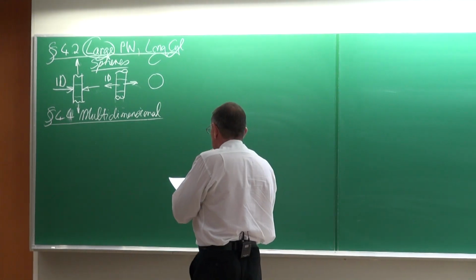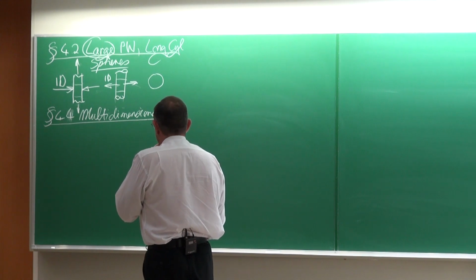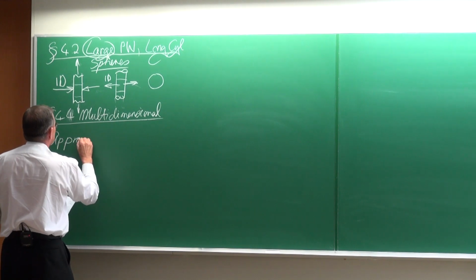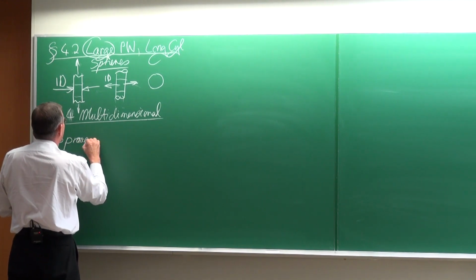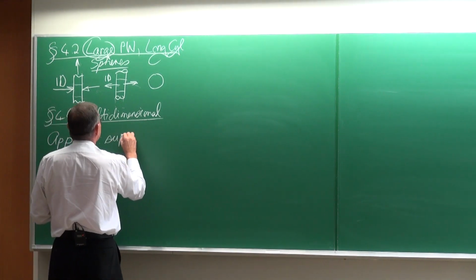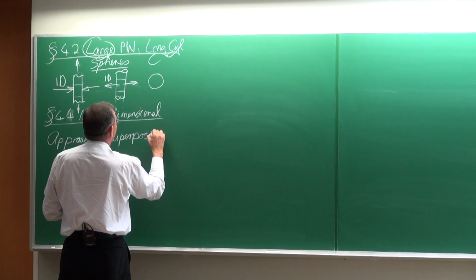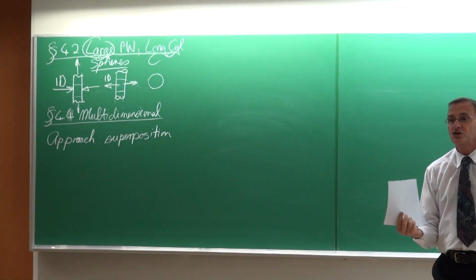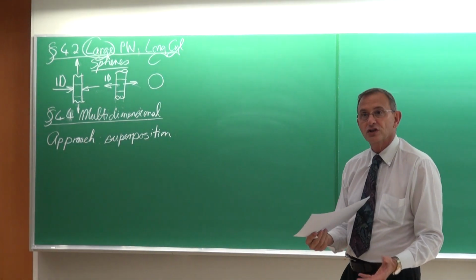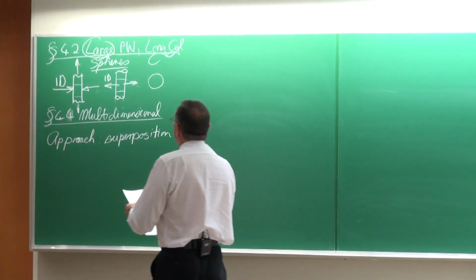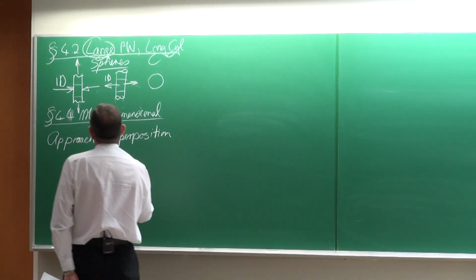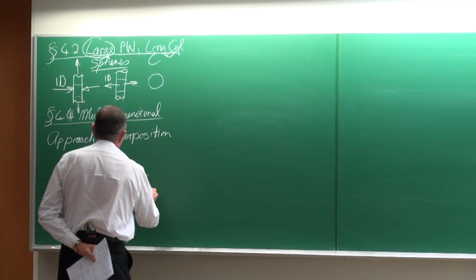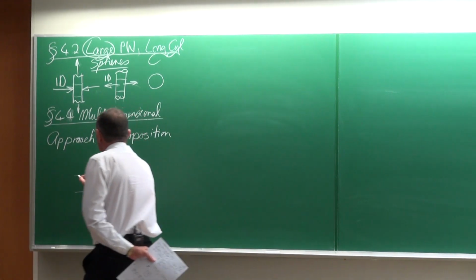Now, the approach which is followed in paragraph 4.4 to solve these types of problems is to use something that you've done in mathematics, and that is to make use of the principle of superposition, in which you make use of the product solutions of two different solutions to generate a new solution for another type of geometry. And the example is going to be specifically the case of a large plane wall in this dimension.